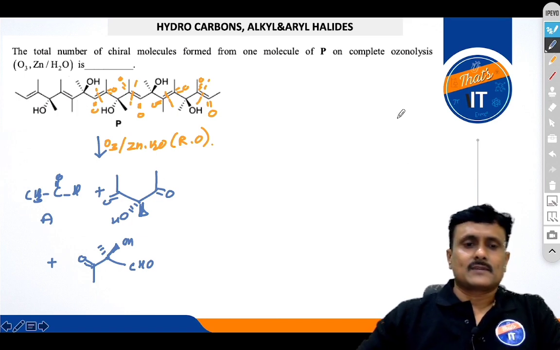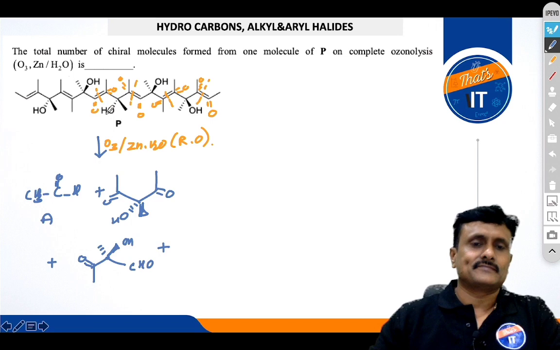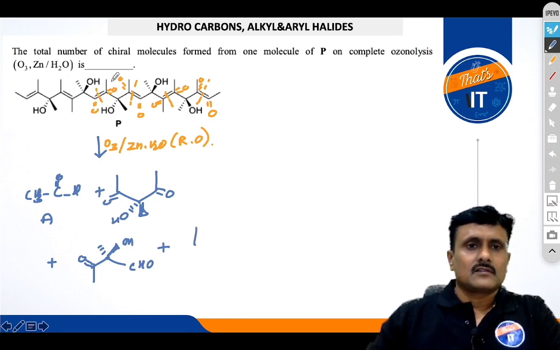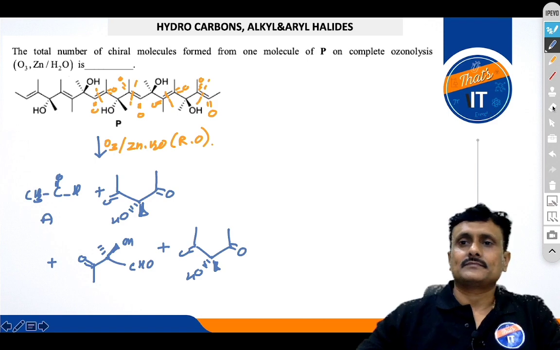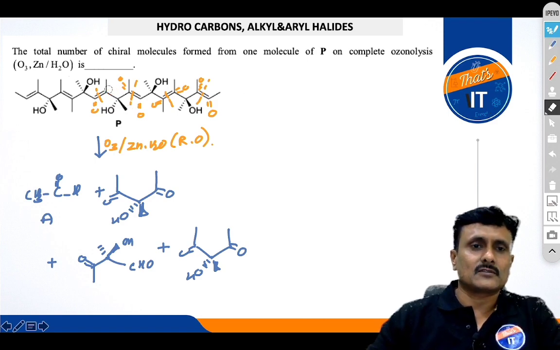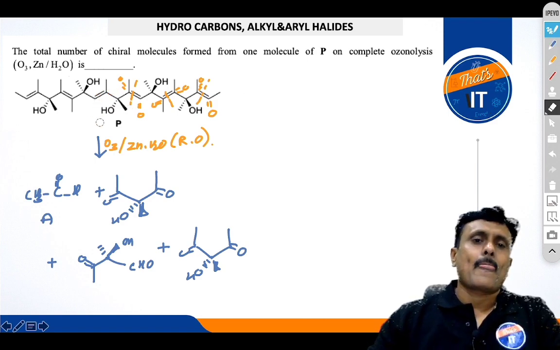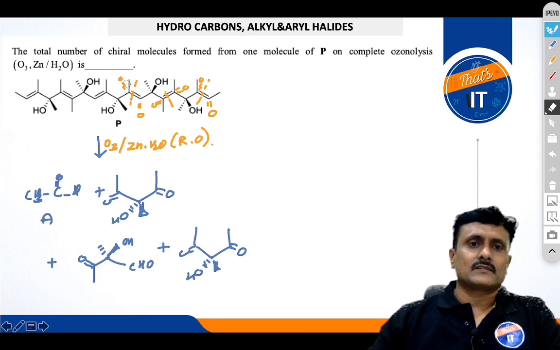Now let's see the next part. Plus, right, this part is written, right? CHO. Now you have CH3 C double bond OH, CH3 C double bond CH3. Now this part is also we have covered, isn't it? This part also we have covered.